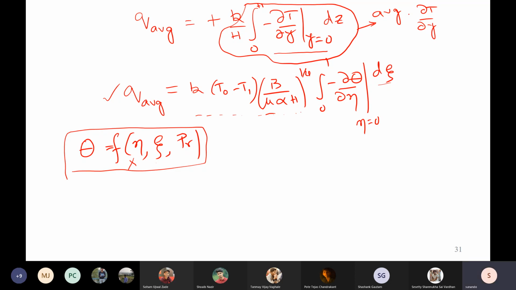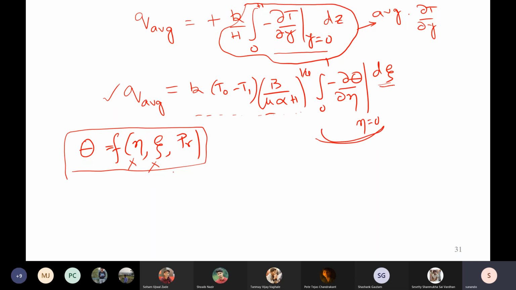You have specified eta to be eta at 0, so therefore you are taking eta out of this functional form. But this is also a definite integral over zeta, so the functional relationship should also not contain any zeta. So what is this going to be? This is simply going to be a constant, some numerical value.